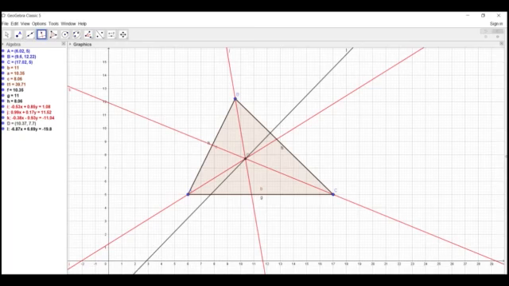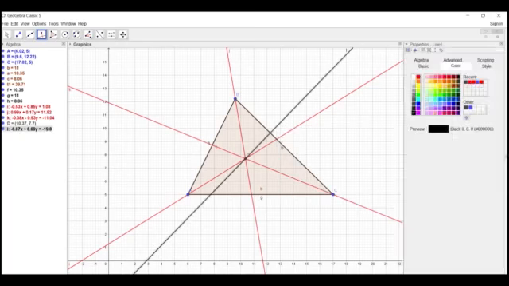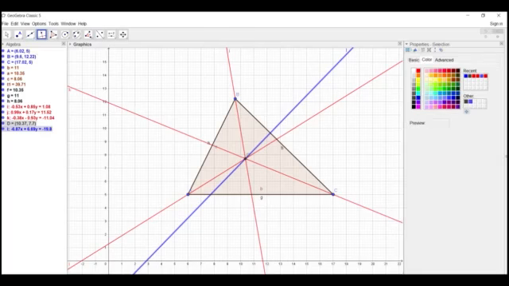So this is the perpendicular line. So let's change the color. Then another perpendicular line from D to AB.